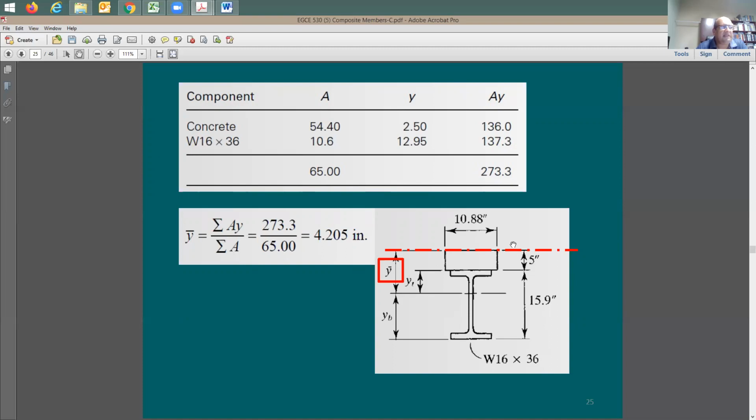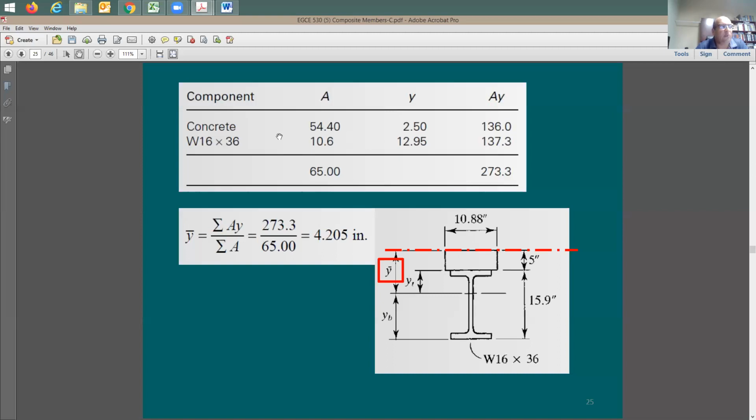Y is going to be the distance from top of the section to the centroid of each one of the subsections. So for example, concrete here is a 5-inch rectangular section. The distance is going to be 2.5 inch from the centroid of this section to the top, 2.5 inch. Total 0.95. Now where is this coming from? This is coming from the centroid of the steel section, which means 1/2 of 15.9 plus 5 inch.